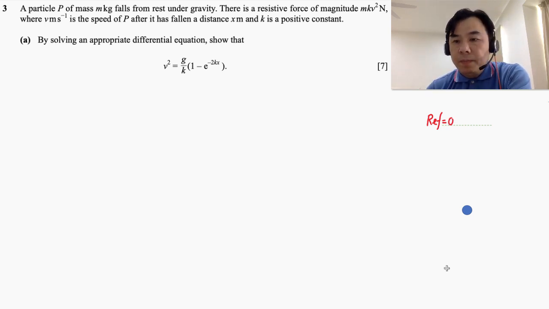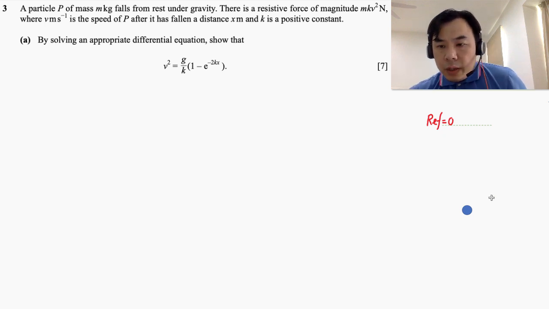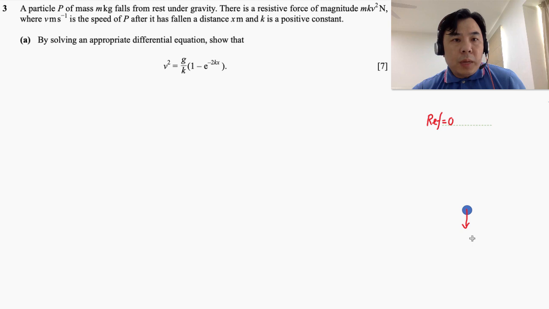Okay, now as with any type of mechanics question, we are going to label all the forces that are acting on the object. So in this case, we have the weight, which is given by mg here.